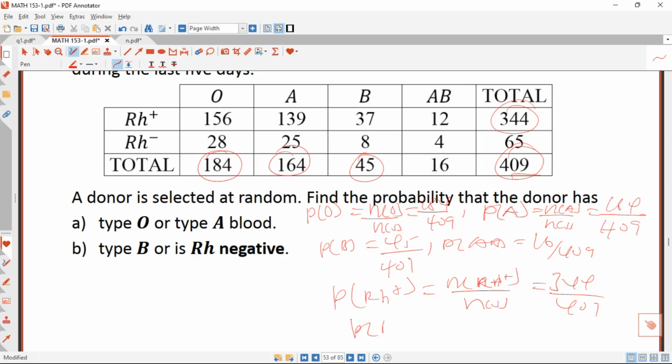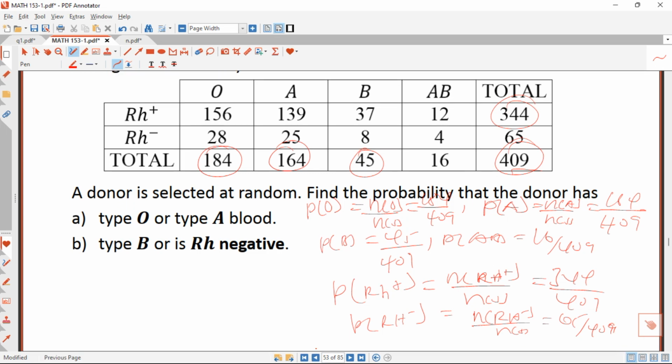And then probability for RH minus is number of RH minus divided by the sample space, which is giving us 65 divided by 409. So right now we have our probability for all of them.